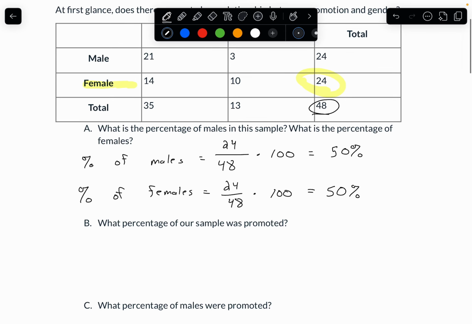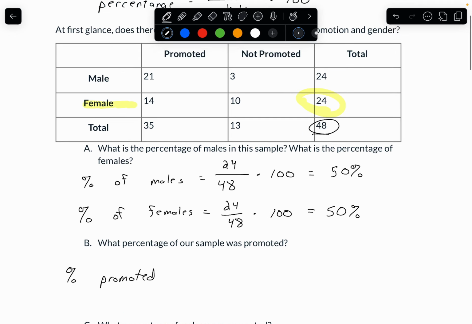Moving on, part B says what percentage of our sample was promoted. So I want to find the percent promoted. I need to know the total number of promoted individuals, so I'm looking at this column right here. How many individuals were promoted?